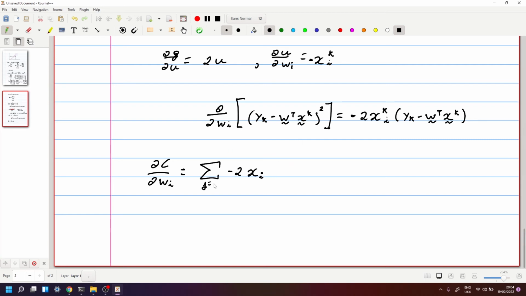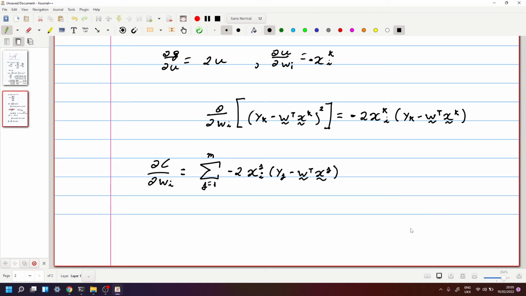So let's use a j now. So j equals 1 and it goes up to m. And obviously the sample itself will be j here. So the x superscript j and the ith component, and that's going to be times y^j minus w transposed x^j here. Okay, so basically I substituted the k here for the j in here.